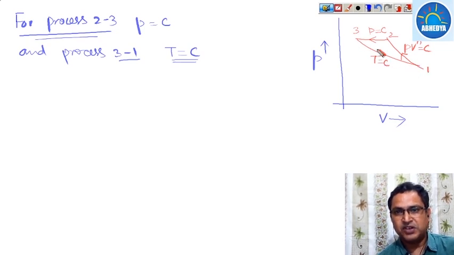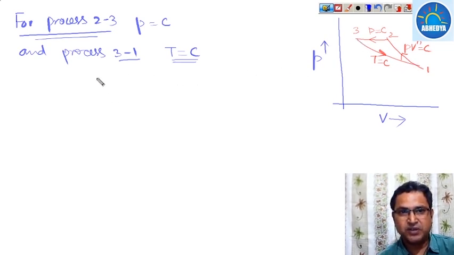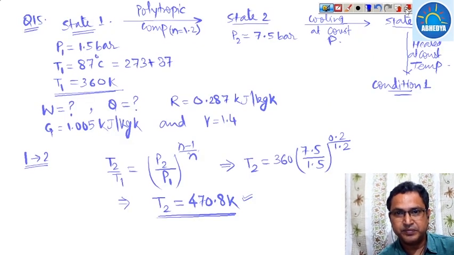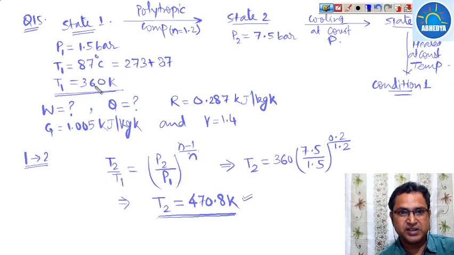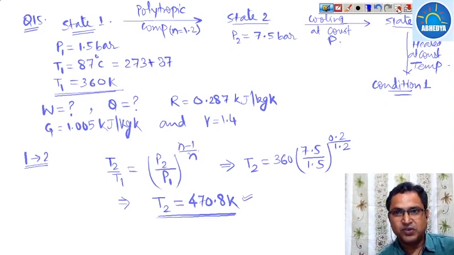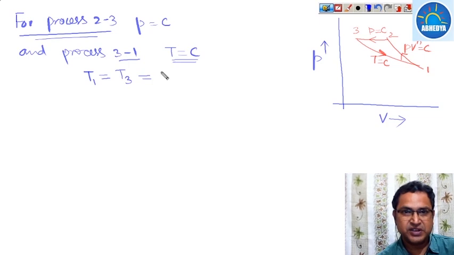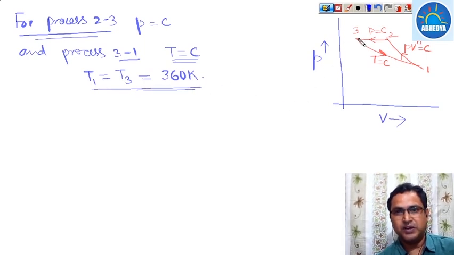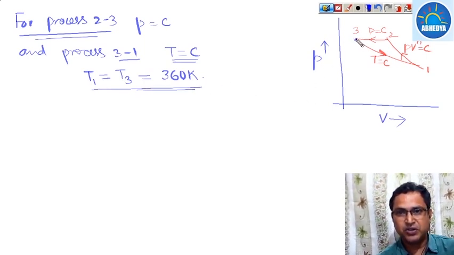Since temperature is constant from 3 to 1, obviously the temperature at point 3 is equal to the temperature at point 1, and what is the temperature at point 1? It is 360 Kelvin. So this is the temperature at point 1, and the same is the temperature at point 3 also.